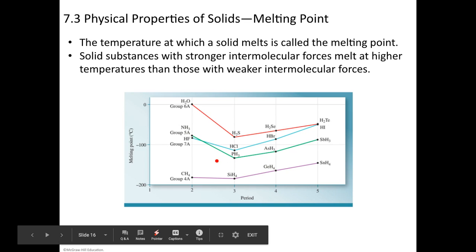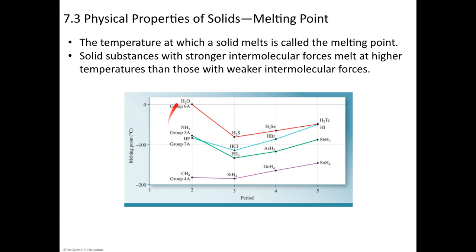And so what you notice, and I showed this last chapter, is that things like water, ammonia, and HF have relatively high melting points, and that's because they have very strong hydrogen bonding. So very strong intermolecular forces are increasing the melting point of these substances.